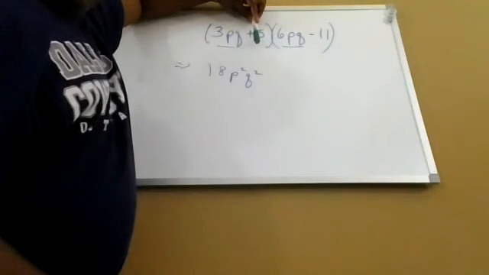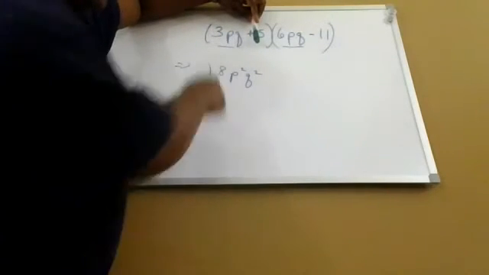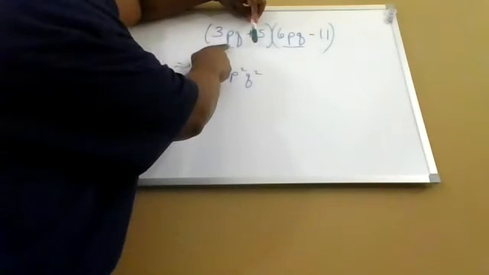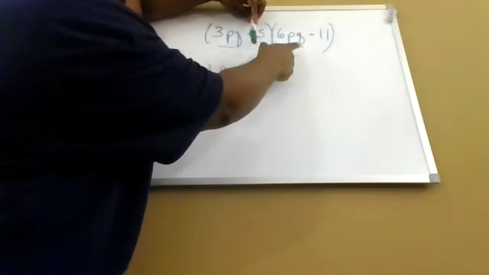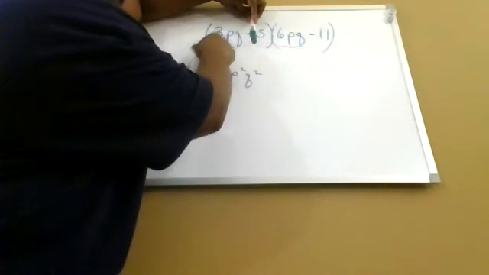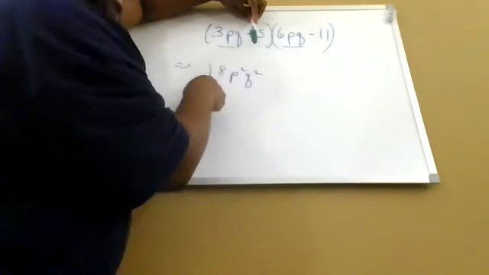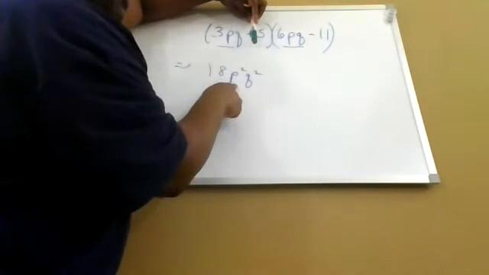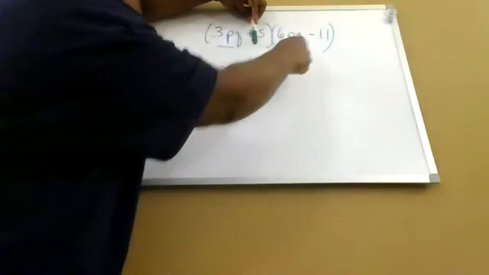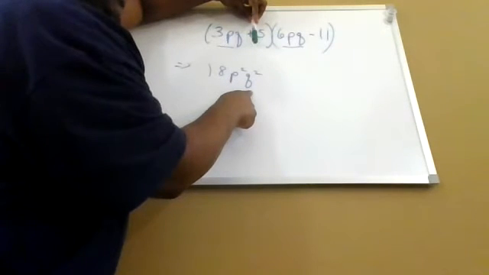So again, covering up the plus 5, we just multiplied the 3PQ times the 6PQ, which gave me 3 times 6, 18. P times P, P squared. Q times Q is Q squared.